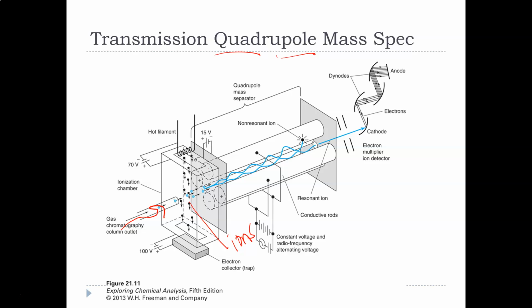These poles are set to a certain voltage, and then the radio frequency is alternated. So the ions are attracted, repulsed, attracted, repulsed. That's why right here we see a wave pattern. They're being pulled towards one pole, pushed away, pulled towards one, pushed away.